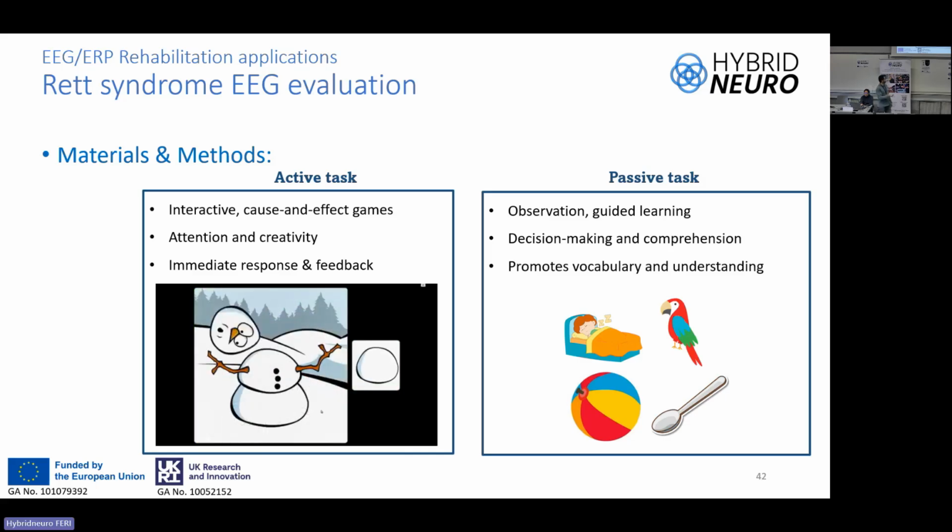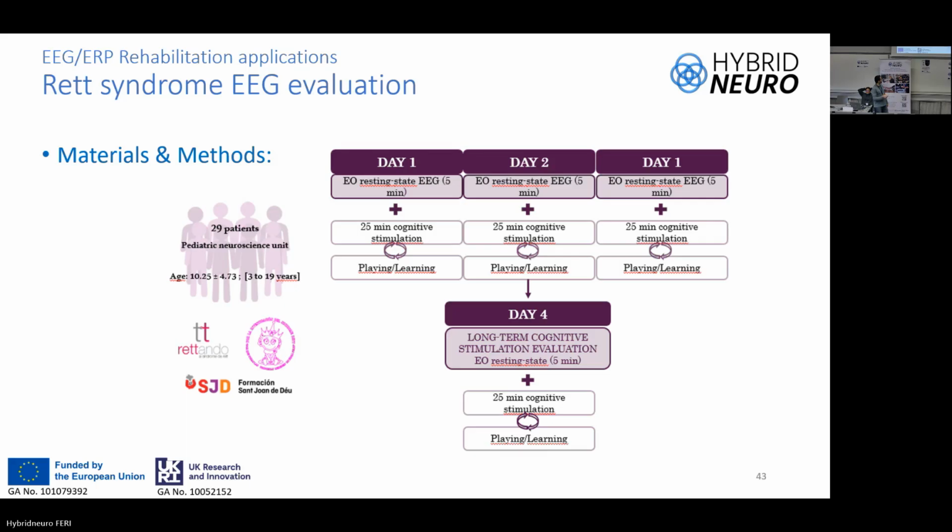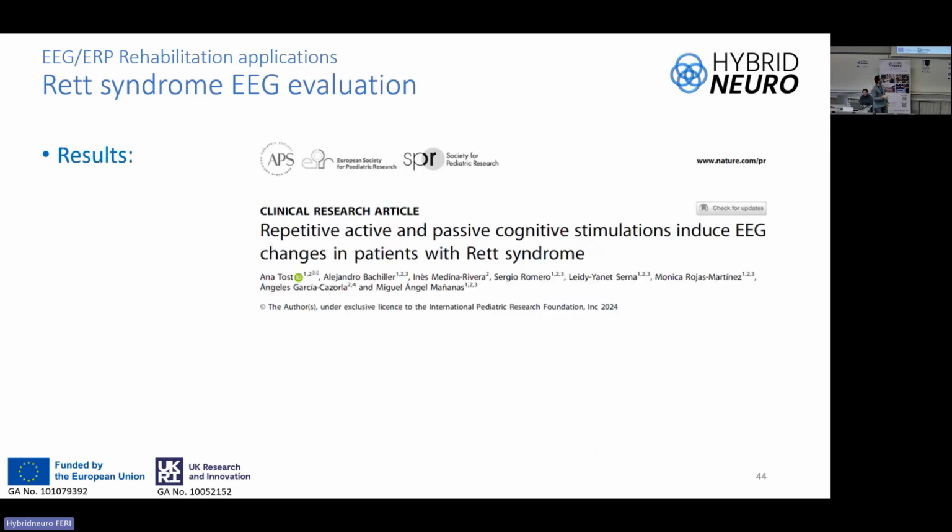And passive, for example, in this case, the therapist says, for example, ball, and the girls must fix their eyes on the ball. So there are two kinds of treatment, and the treatment is longitudinal.